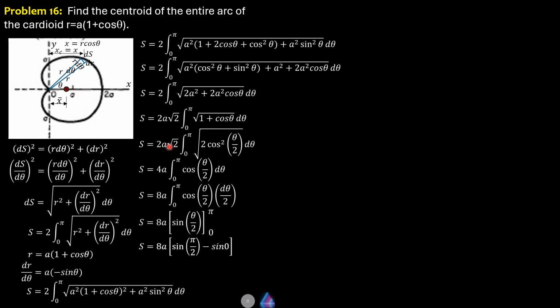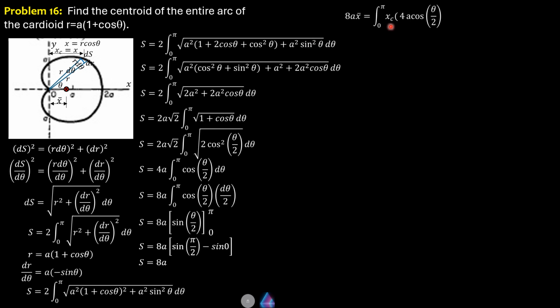So from the principle that the first moment of a mass, 8a times x bar, equals integral of x sub c, which is r cosine theta, times differential s. So we use this differential s here, which is already simplified. So 8a, s is 8a.